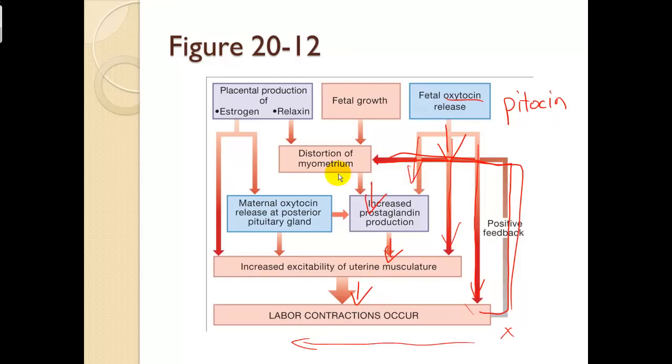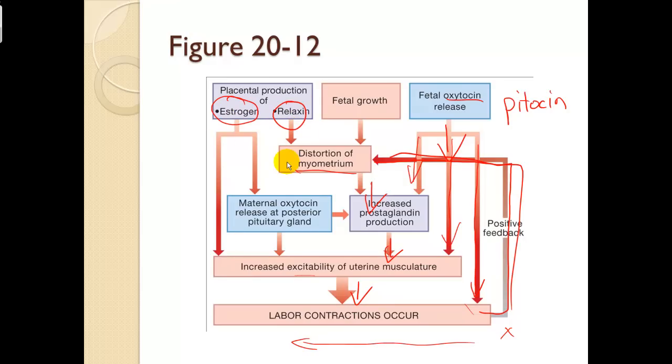As fetal growth occurs, this also gives a feedback system to the myometrium, which increases prostaglandin production and increases the excitability of uterine musculature. This is why we get Braxton Hicks sometimes. So as it's developing, the muscles may spasm a little, which are false labor pains. Placenta production of estrogen and relaxin.